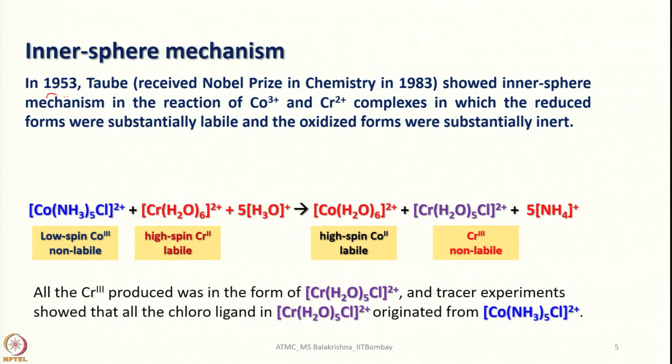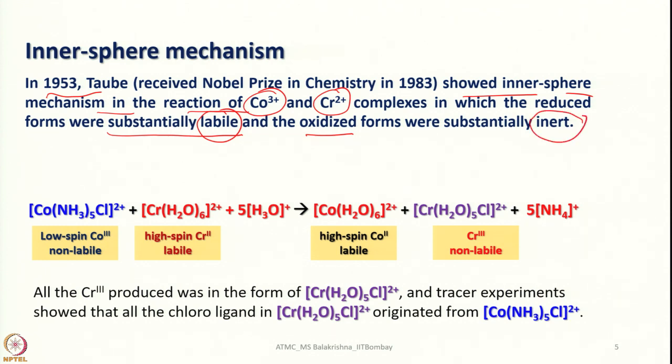So, let us look into the inner sphere mechanism. In 1953, Henry Taube showed the inner sphere mechanism in the reaction of cobalt 3 plus and chromium 2 plus complexes, in which the reduced form was substantially labile, and the oxidized form was substantially inert.